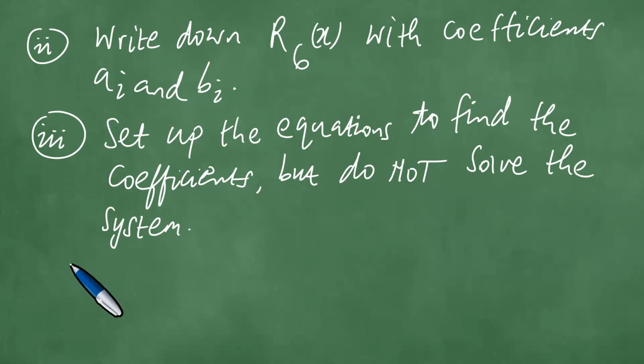Now, to set up the equations, we proceed as follows. First things first, we need to understand that you have the AIs at the top and then the BIs at the bottom.